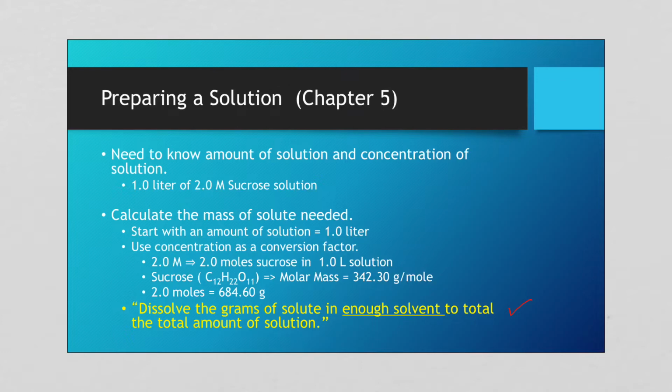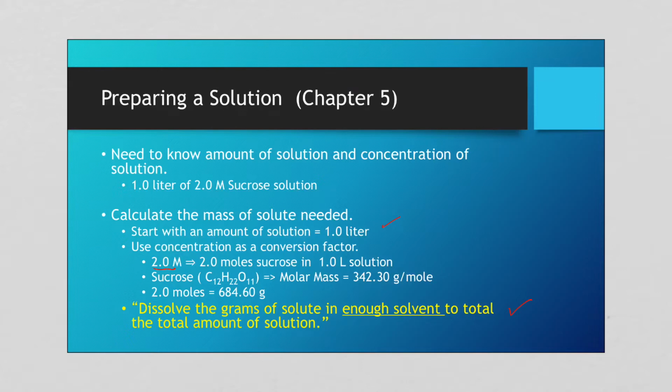So if we're making one from scratch, and let's say we wanted to make 1 liter of this 2 molar concentration of solution that we have, what that would tell me is that I need 2 moles of sucrose for every 1 liter of solution, not 1 liter of water, right? Not 1 liter of solvent.